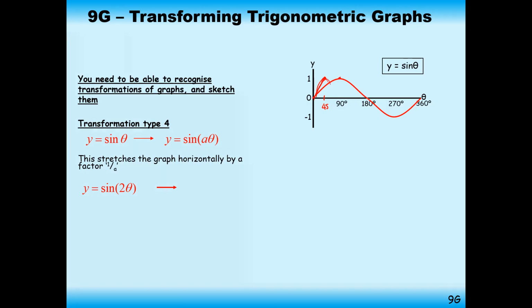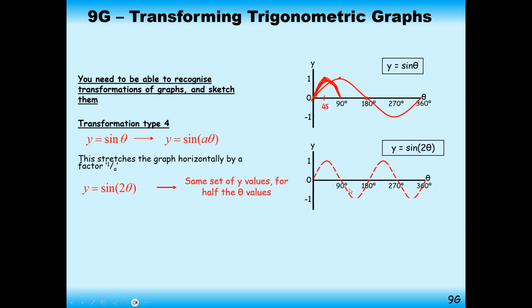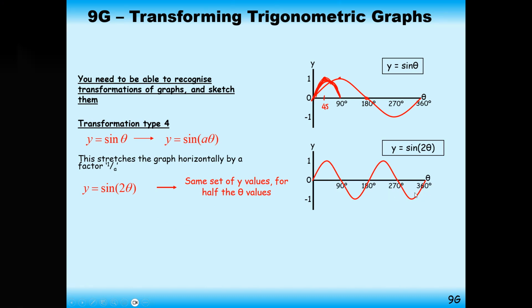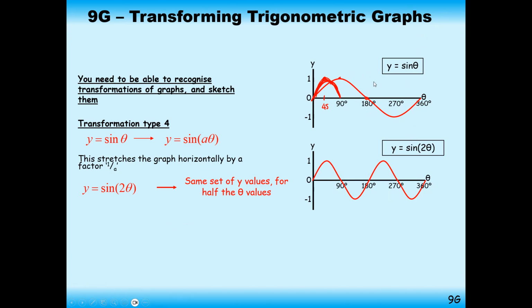And when it reached its zero value at 180, it will now be at 90 degrees, because we are doubling the angle. So it will have twice as many periods as it originally had. We had one period in 360 degrees. Now we see two periods.